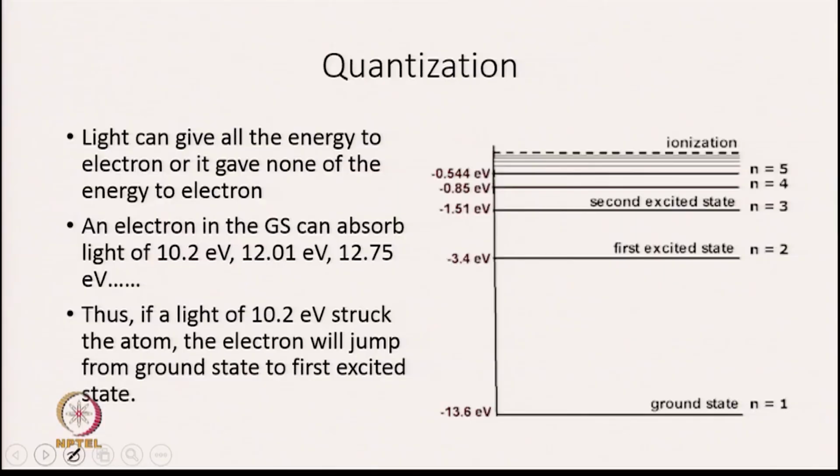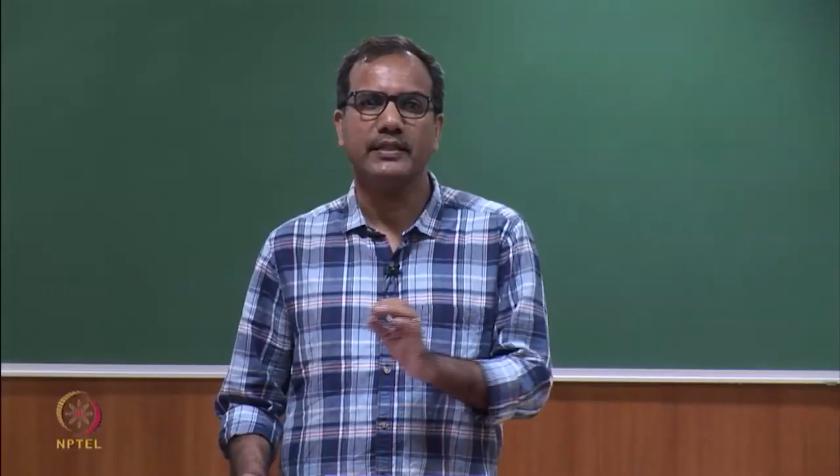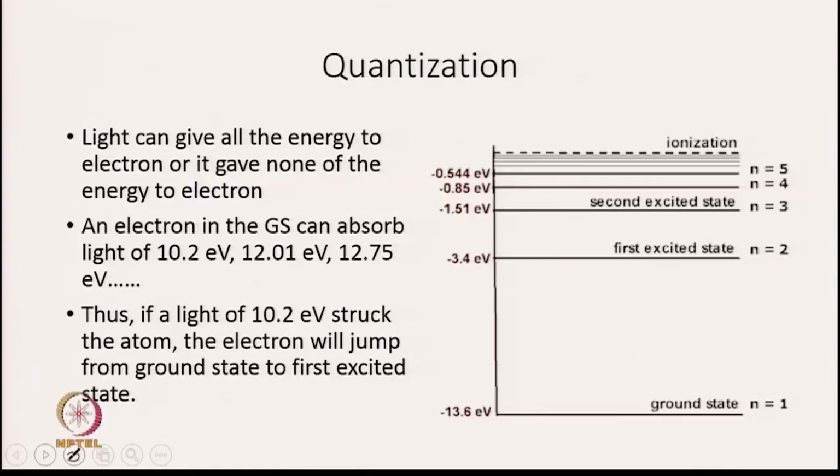If I bombard a hydrogen atom with energy 10.2 electron volt or 12.01 electron volt or 12.75 electron volt, it will absorb that energy, but it will not absorb below 10.2 electron volt, or suppose 11 electron volt.